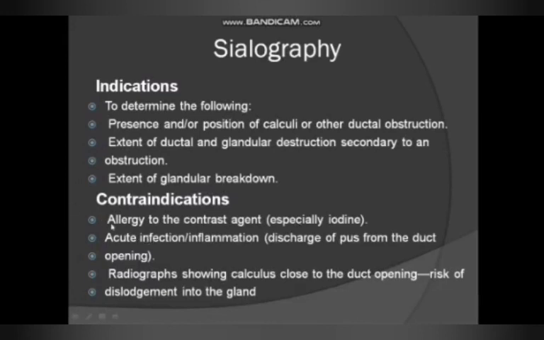Contraindications are a patient who has an allergy to contrast agent, especially iodine; an acute infection or inflammation, because pus may discharge from the duct opening; and if the radiographs show a calculus close to the duct opening, giving us the risk of dislodgement into the gland.